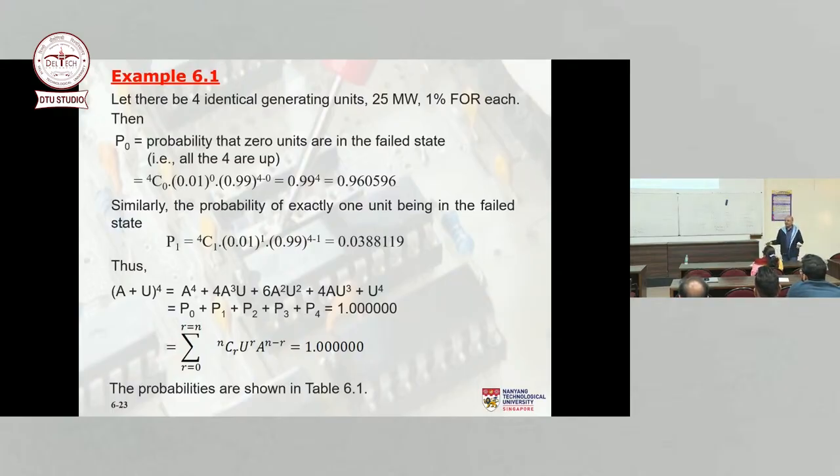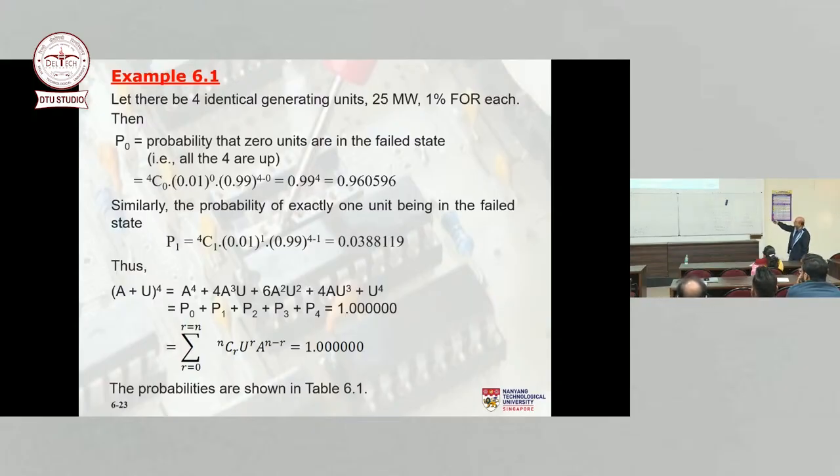Obviously you expect that to be very high, isn't it? If all the 4 generators are quite reliable, and they are, forced outage rate is only 1%, that means their individual reliabilities are 99%. So the probability that none of them is failing is 0.96. Similarly, the probability of exactly 1 unit failing is 0.0388, and so on and so forth.